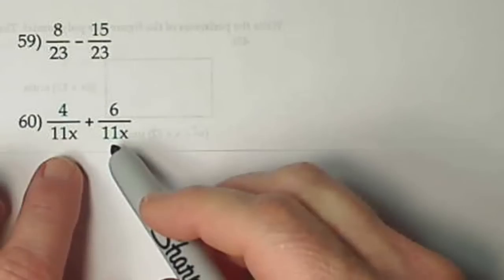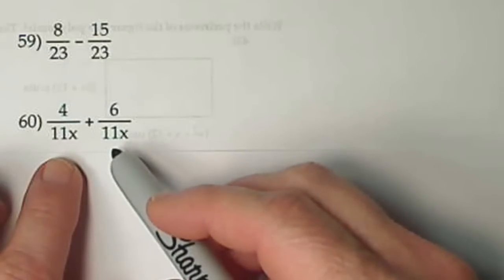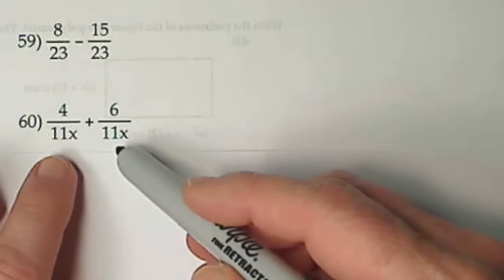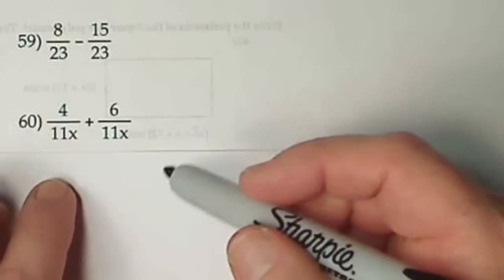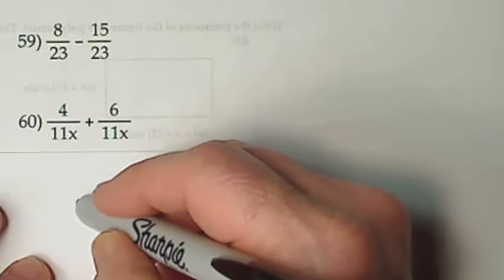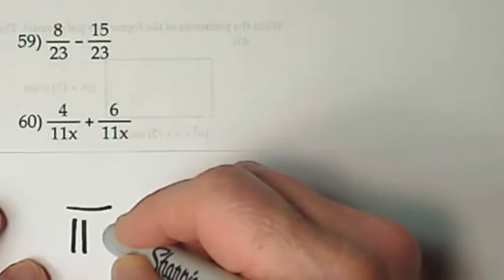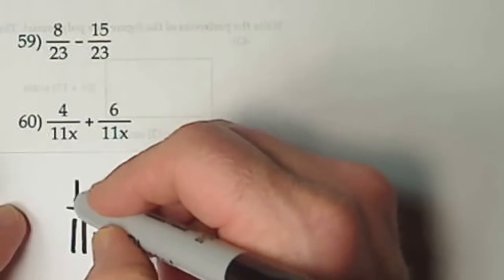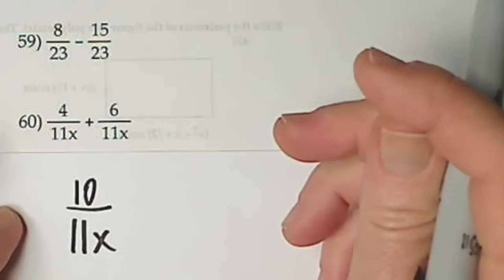Basically, as long as you have common denominators, you're allowed to add or subtract the numerators. I mean, if they had cats under here, I'd be able to add the numerators. As long as they're the same, I can add. Alright, so the denominator is going to be 11x, and we simply add the 4 and the 6 to get a 10. Alright.